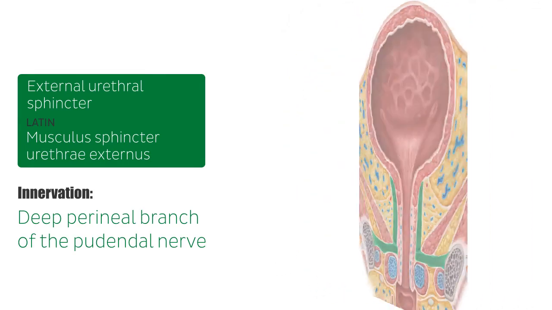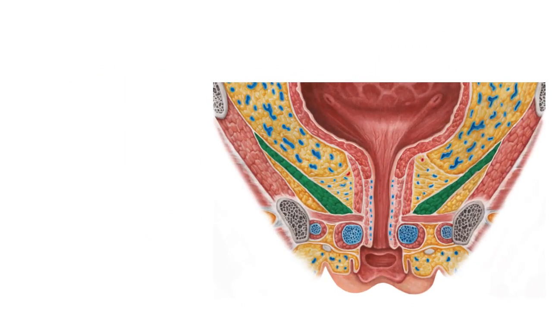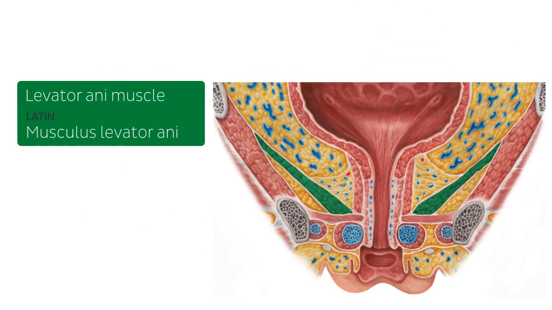The next structure we can see here is also a muscle, this time the levator ani muscle. Also a very important muscle for urination, this muscle forms a large part of the pelvic diaphragm, which is basically the muscular floor of the pelvis. It is found on either side of the pelvis, originates from each side of the pelvic wall, coursing medially and joining with its opposite counterpart.